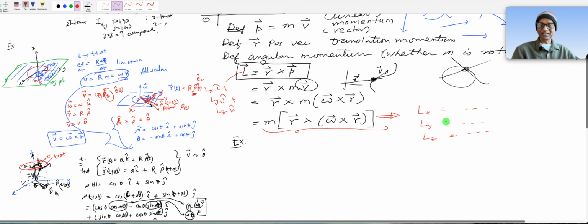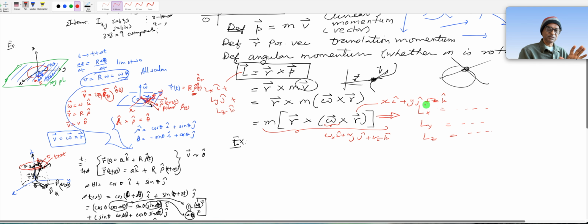You can just attack this completely by writing omega as omega x i hat plus omega y j hat plus omega z k hat, and writing r as x i hat plus y j hat plus z k hat.